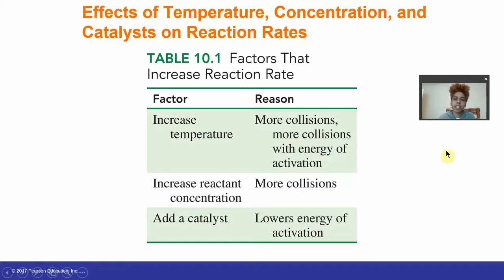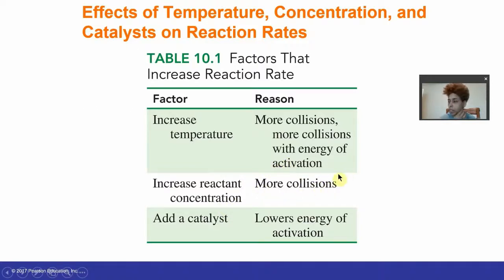So what are the factors that increase the rate of a reaction? If I increase the temperature, I end up having more collisions with the correct amount of energy. And more collisions means more likelihood that I'm going to have collisions in the right orientation. If I increase the reactant concentrations, I am adding more molecules in the system.